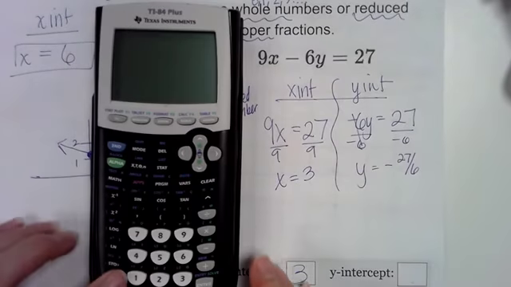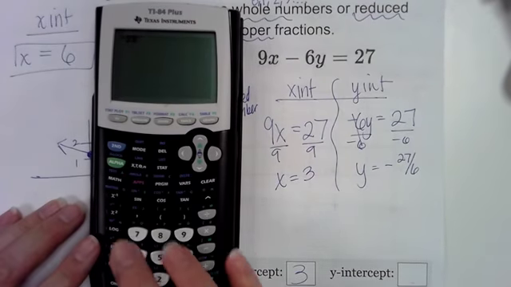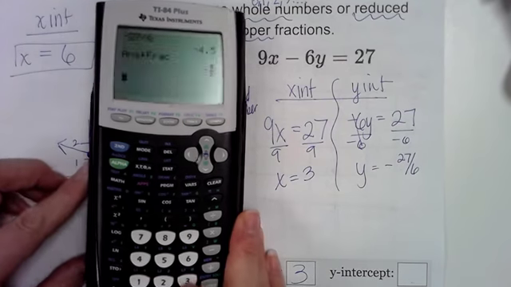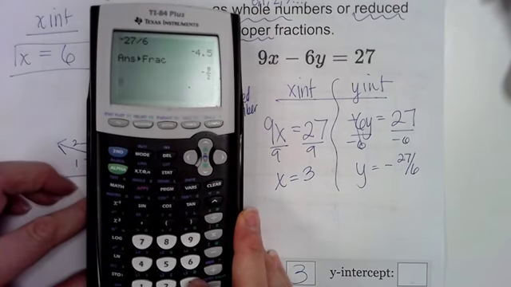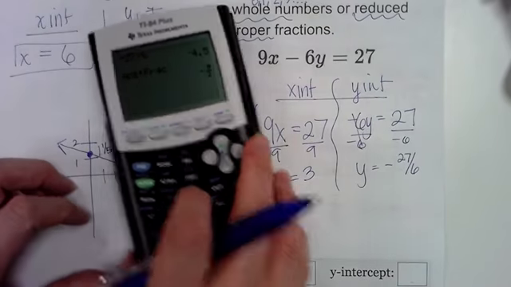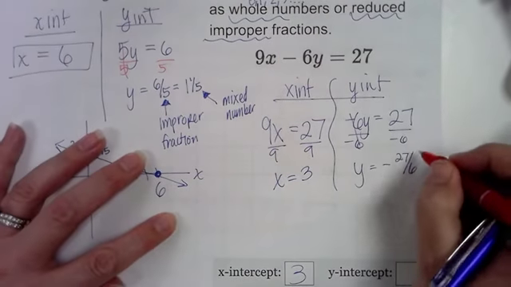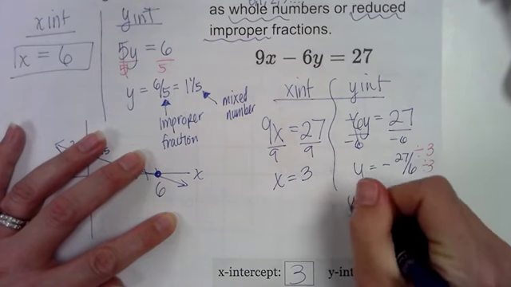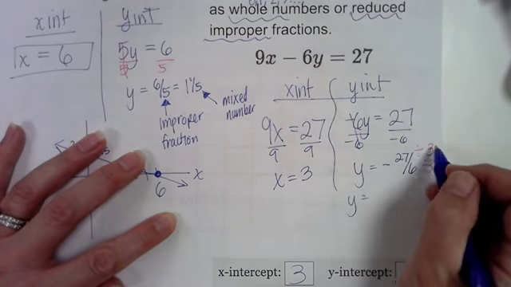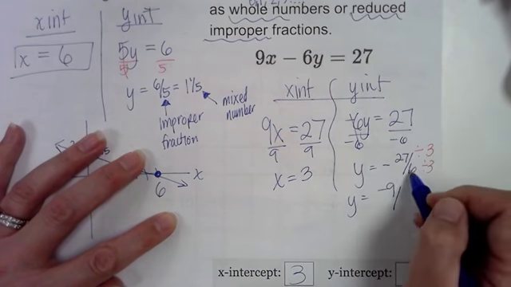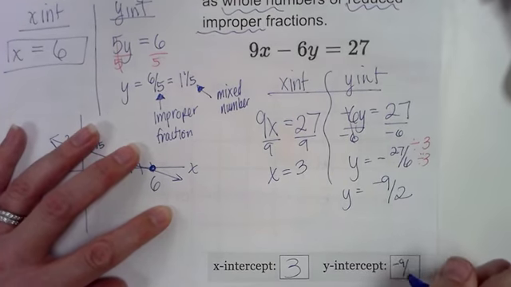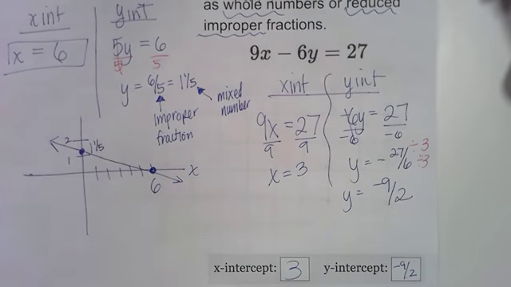Ladies and gentlemen, if you have a calculator, you can always type in negative 27 over 6 and math frac it. It becomes negative 9 halves. Or you can know that both of these are divisible by 3 on top and bottom. So negative 27 divided by 3 is negative 9. 6 divided by 3 is 2. And that is our y-intercept, negative 9 halves.